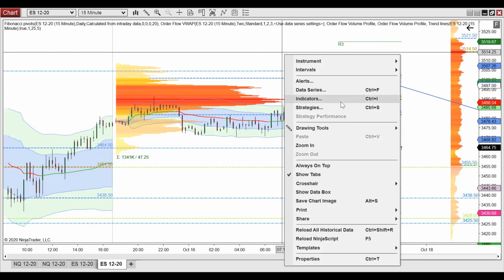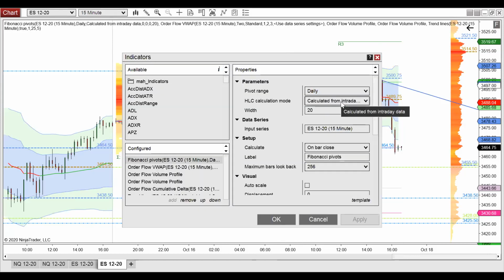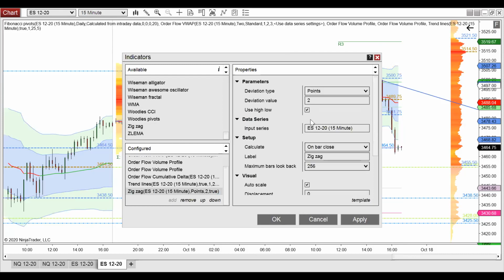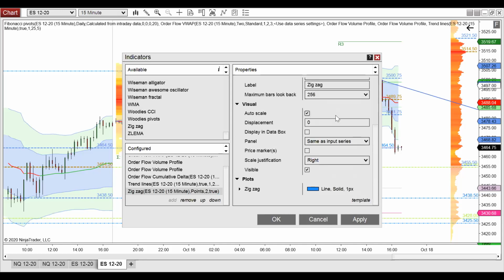Here's another indicator that you can use if you don't have the zigzag wave on the Thinkorswim platform. So you can go to all these and then click zigzag, add, and let's make that 2 points. We're gonna hit the high and the low. That's good.